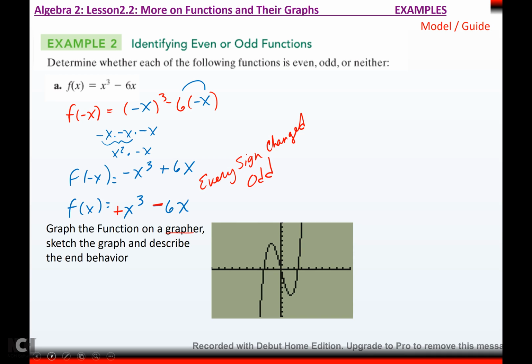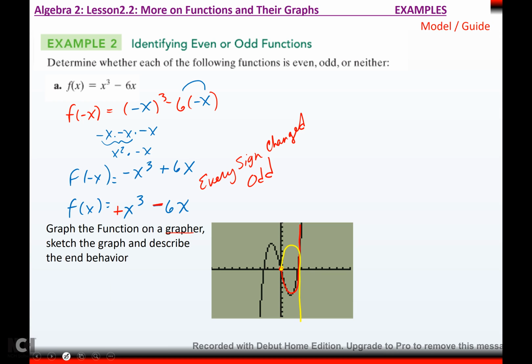If I type it in the graphing calculator, you go to y equals, type in x cubed minus 6x, you should get this graph. Okay, if I look at it, guys, there's a couple ways you can tell. If you just take this right hand side and you flip it over upside down, it would look like this, right?